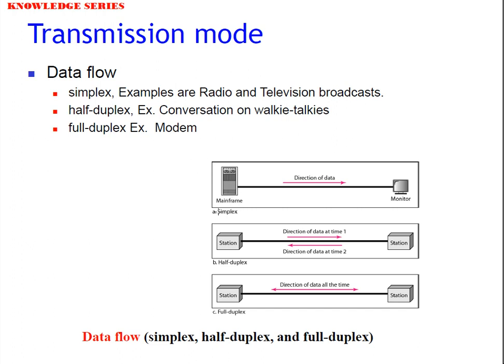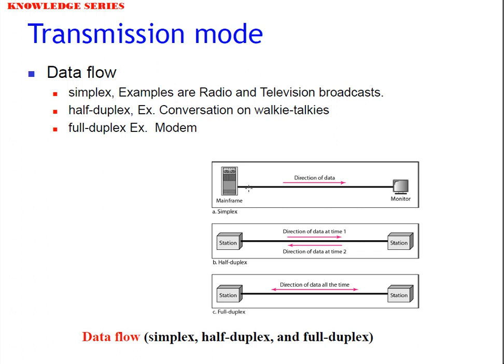You can see here, this is a simplex mode. This is a mainframe, or you can think of it as a transmitter, and this is a receiver, or you can take a mainframe server and a system. The server is sending a message, and the direction of data is shown from this place to here. It goes from the sender to the receiver.